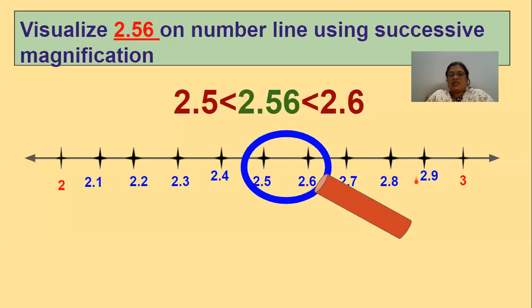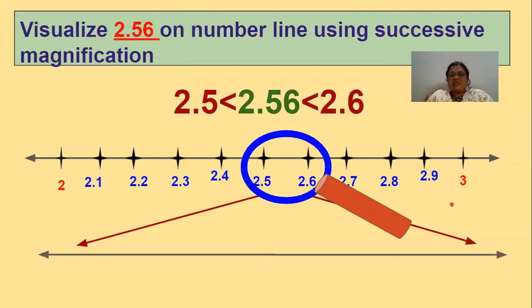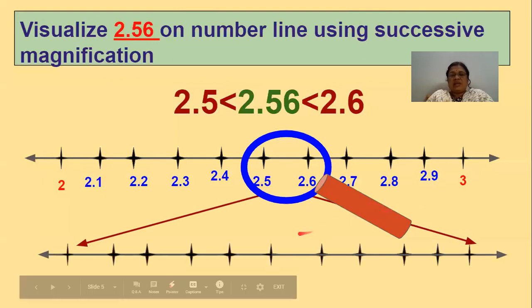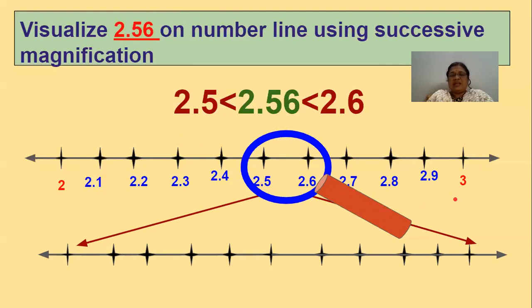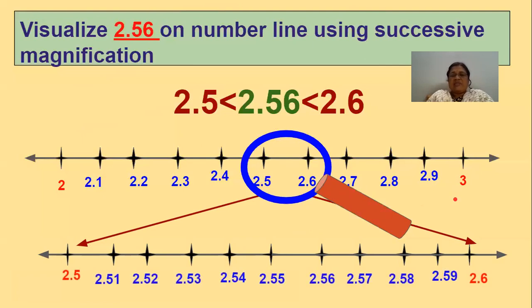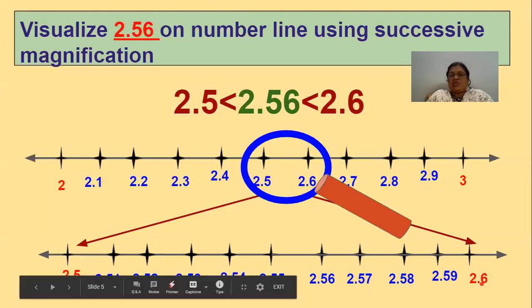So let us expand this again. So 2.5 and 2.6, we will expand them like this. Again, I have marked 10 points on this line and I have expanded it like this, 2.5 and 2.6.